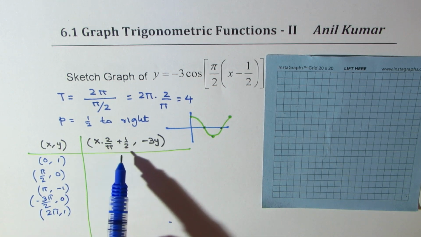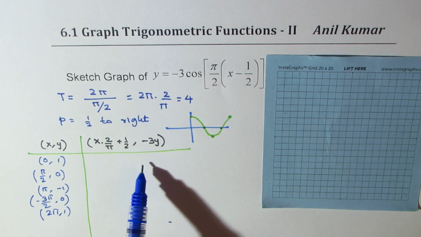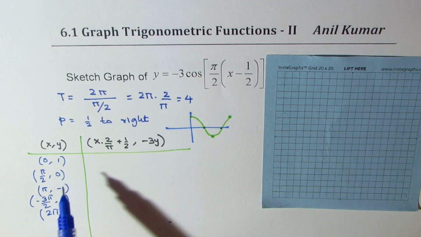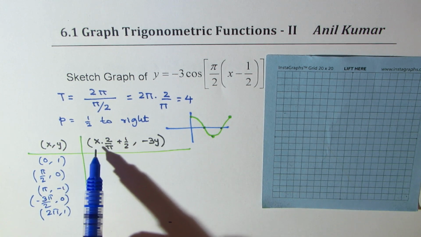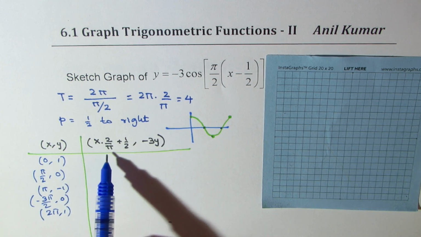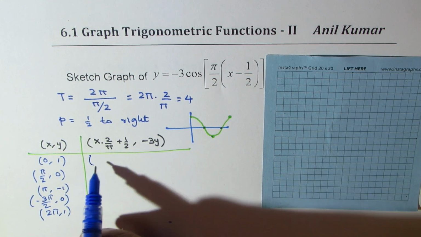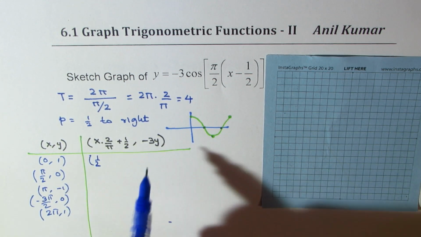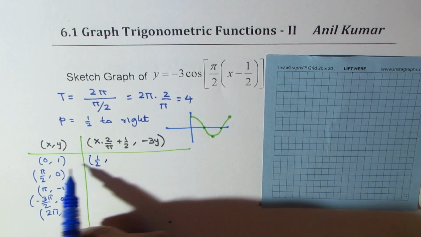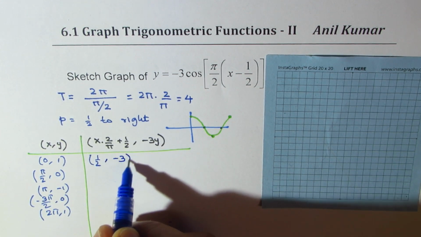Now if you do the transformation, you get your transformed points. In this case, we have to multiply the x value by 2 over pi. So basically 0 remains at half. We add half, correct? Minus 3, so we start with a negative value.